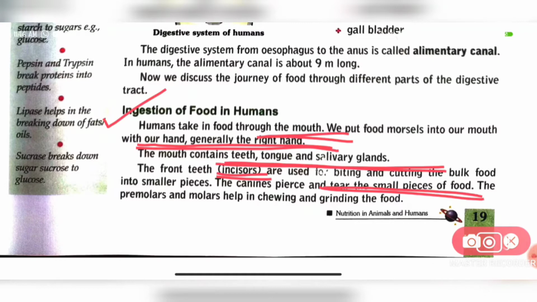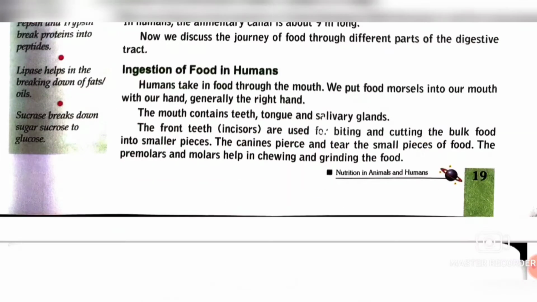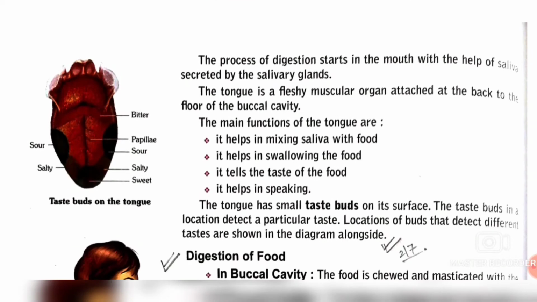The premolars and molars help in chewing and grinding of food. We already knew about the functions of these types of teeth. So first incisors, second the canines which help in tearing the food, and third the premolars and molars which help in chewing and grinding the food.